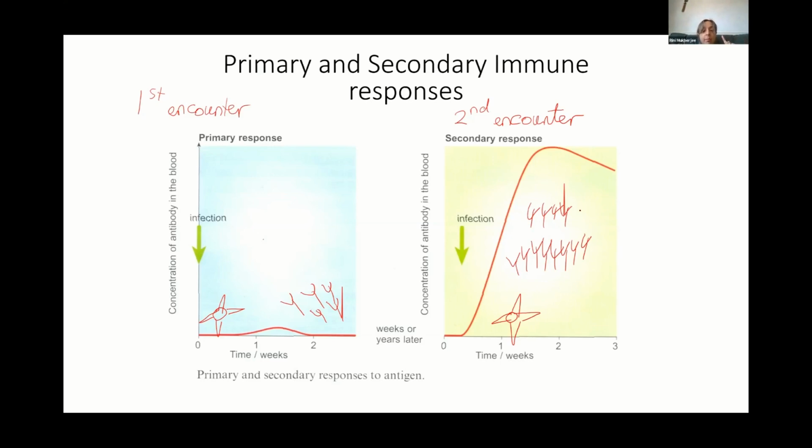And that is why you can make your antibodies so much faster the second time, because you have immunological memory. So the second time that you see the virus, you can make a whole load of antibodies so quickly. And that is why, as you can see here, a large concentration of antibodies are produced so quickly. So basically, that is normally why a vaccination works.